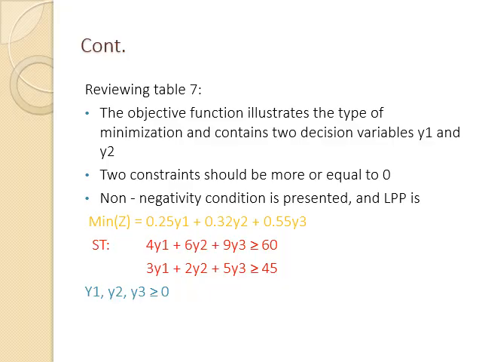Reviewing table 7, we got the following aspects or statements. First, the objective function illustrates the type of minimization and contains two decision variables, y1 and y2.